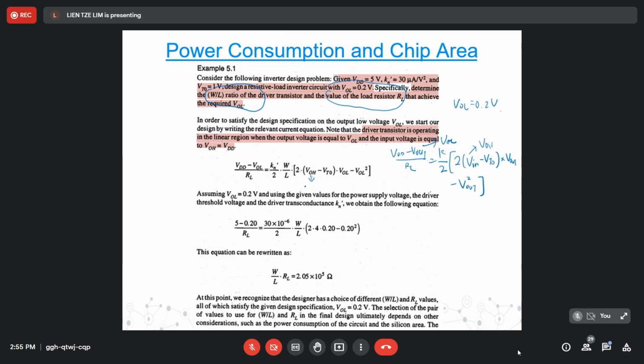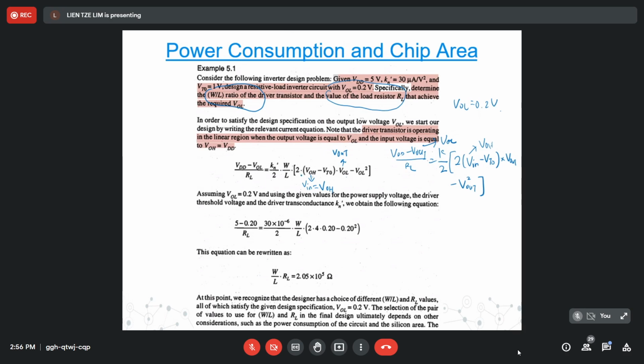This is the Vin, the input voltage equals VOH, that's why here it is VOH. And VOL is actually the Vout, this one also.